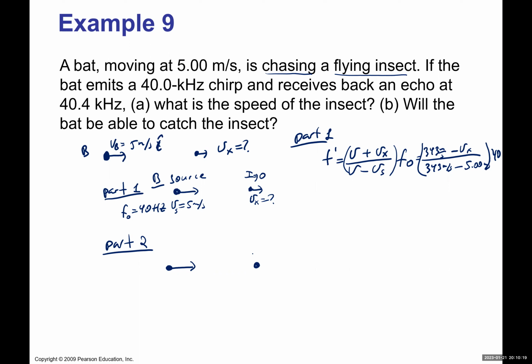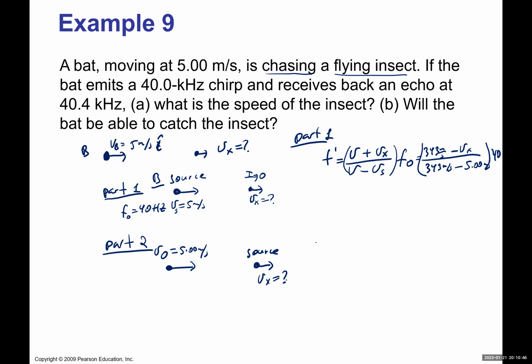Here's my source, and here's my observer. The insect is moving to the right, and now I know the velocity of the observer, which is 5 meters per second. Obviously Vx is unknown for the source at this point.